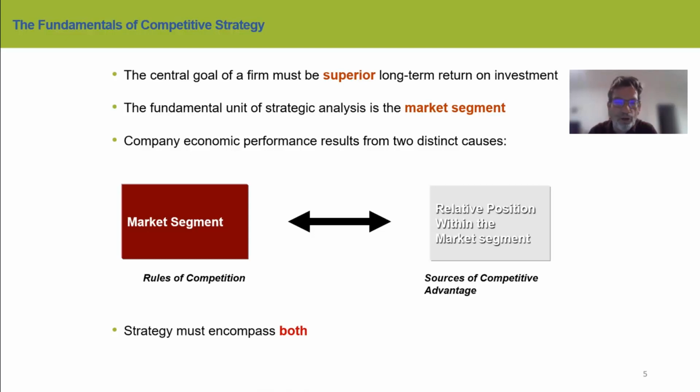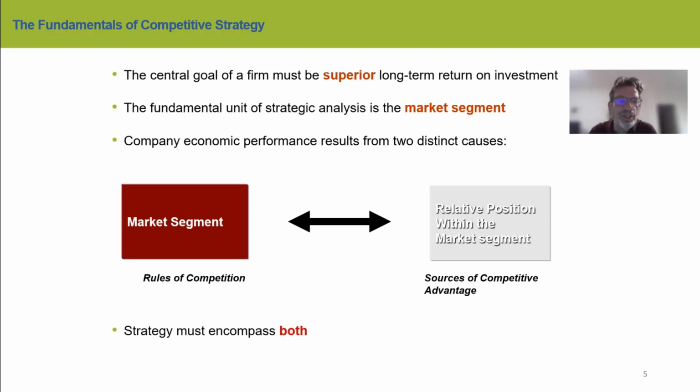And the company economic performance results from two distinct causes: from the market segment, where you can see the rules of competition, and from the relative position within the market segment.